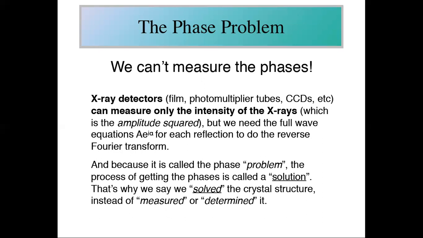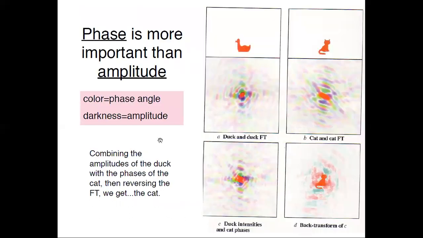Because of this it is called the phase problem, and the process of getting the phases is called solution. That's why we solve the crystal structure instead of measuring or determining it. So the phase is more important than the amplitude.